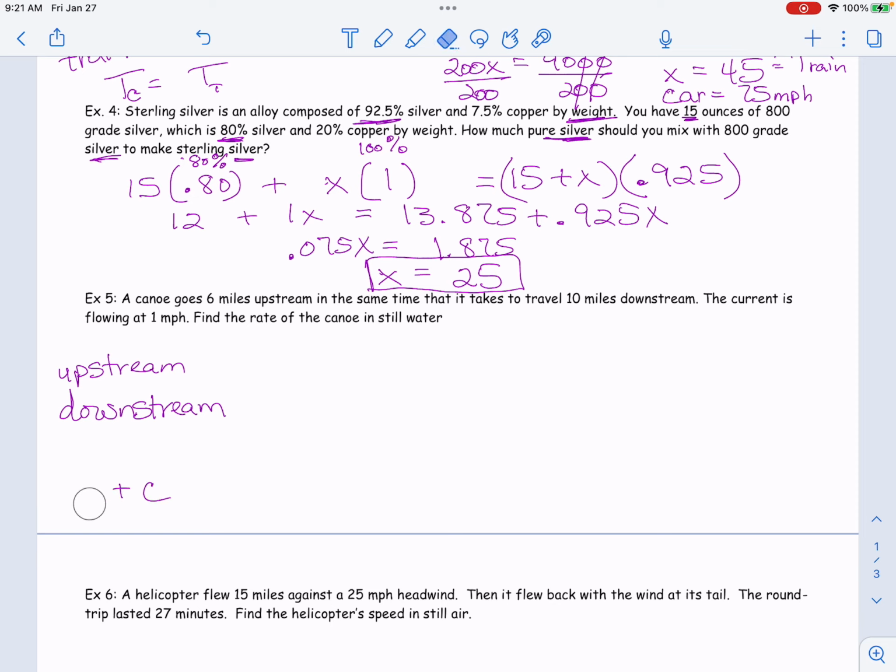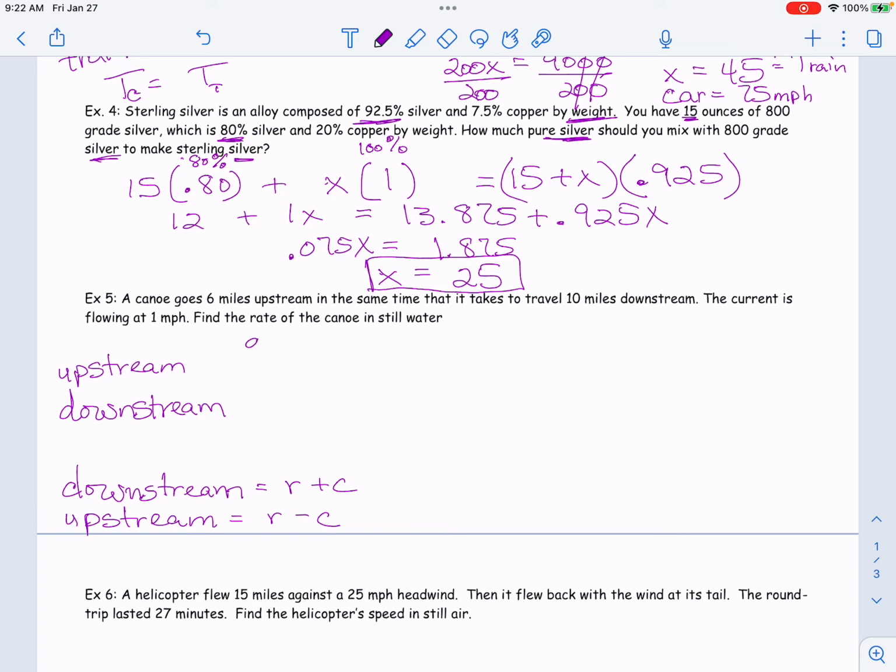So that means that it would be your rate plus the current. Let me write it like this. Downstream would be your rate plus the current. Upstream would be your rate minus the current, because you're going to go slower. So it says a canoe goes 6 miles upstream in the same time that it takes to travel 10 miles downstream.